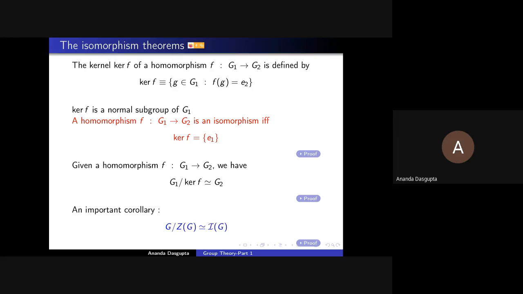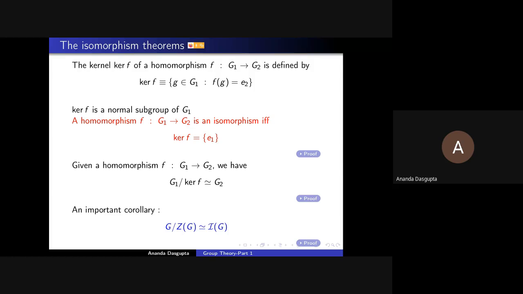And a very important corollary of this is this. We will need it later, so we will come back to this later. Z(G) is a special subgroup of any group, called the center of the group. It is the set of all elements in the group which commute with every element of G. So Z(G) of course is non-empty because E, the identity, of course belongs to Z(G).